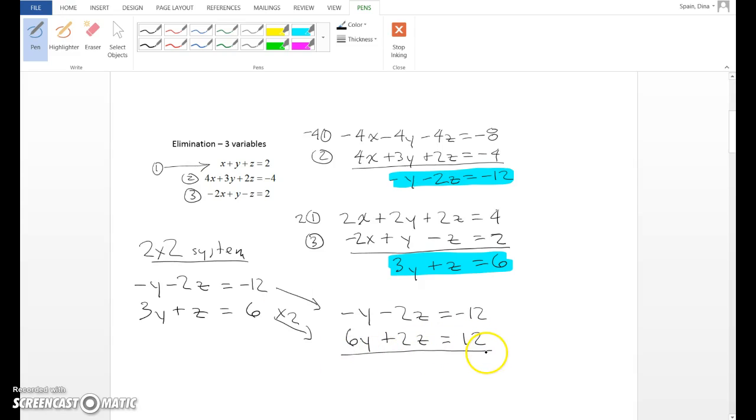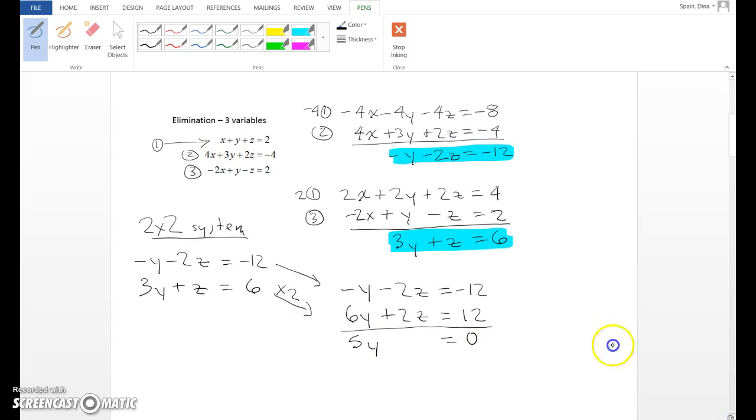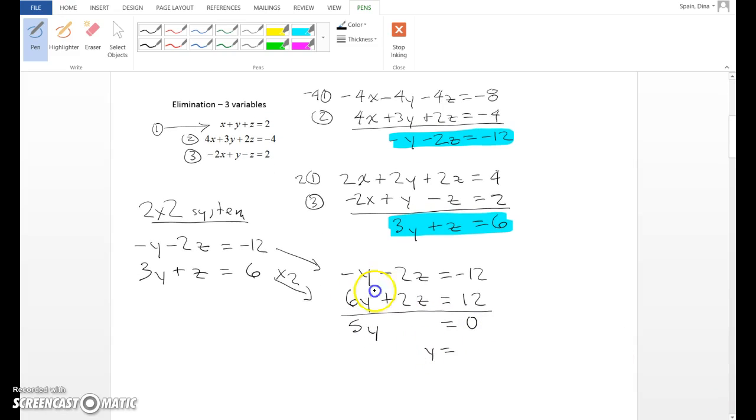Good. Alright, so look, my z terms go away, and I end up with 5y equals 0. Put a 0 over there, that's okay. Which means y equals 0. Alright, I've got y equals 0. That's one part. If my y equals 0, I'm going to plug that in there to find my z.